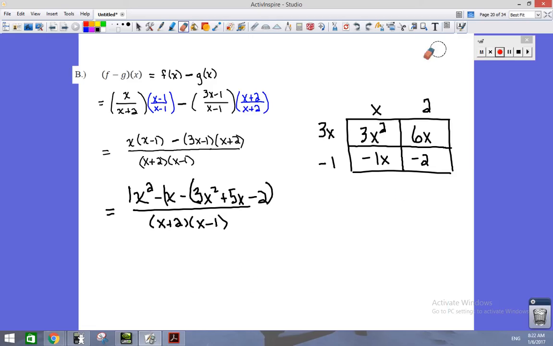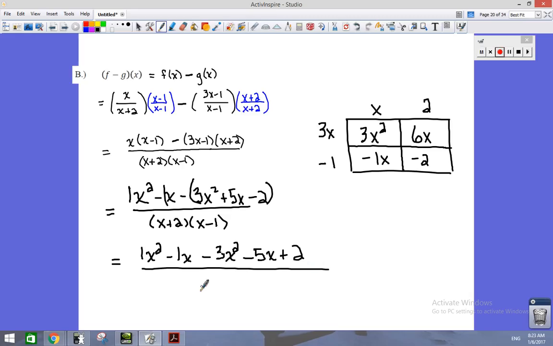All right. So if I haven't made any silly type of a mistake, this time, let's distribute that minus sign through there so that we don't make any kind of mistake. Now, again, I'm going to leave the denominator in factored form.